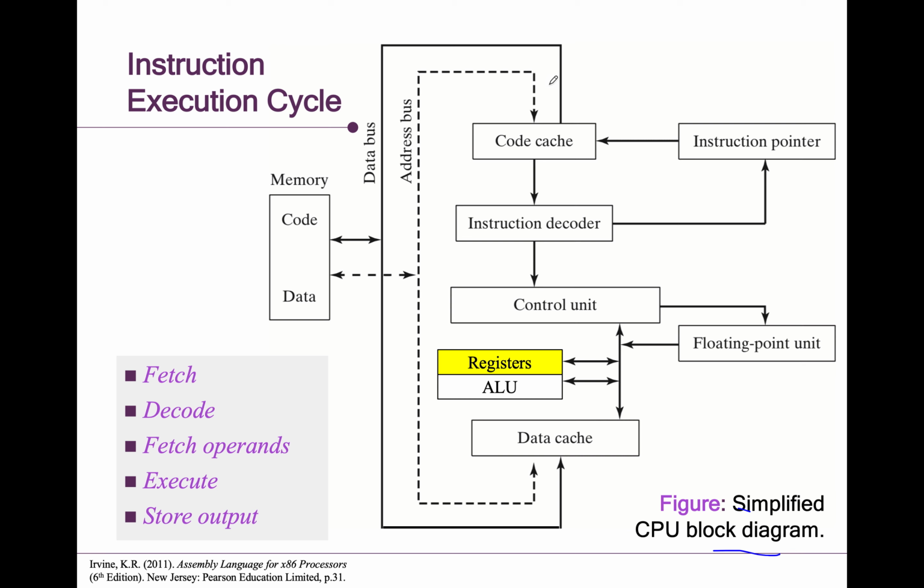When you start your code, you can see over here you have the code, and you're going to store it inside your memory. Of course, you have your data inside your memory. Then you have the bus for data that is connected to all of the functions inside your CPU.